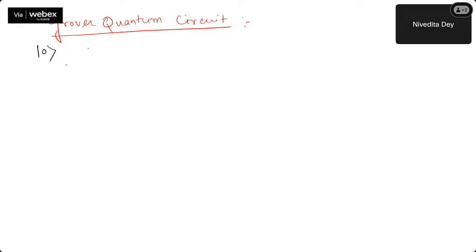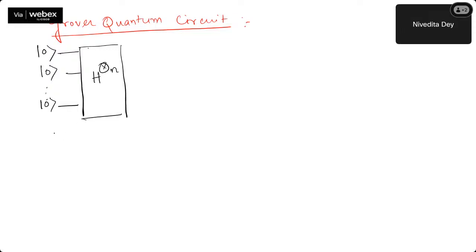Previous slide is there. Yes. So this is the one. 0, 0, likewise it will be till 0. And it will be a Hadamard gate.